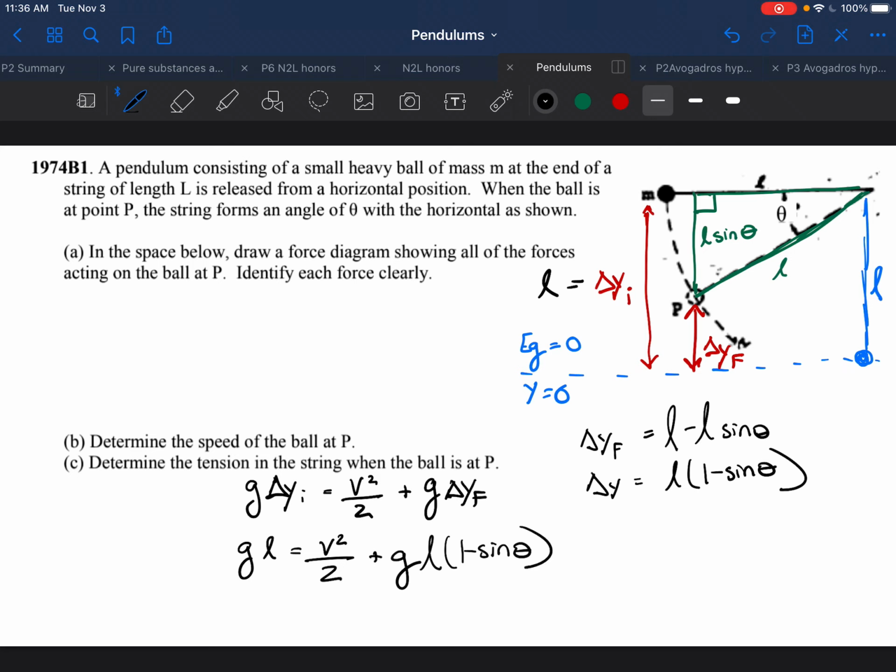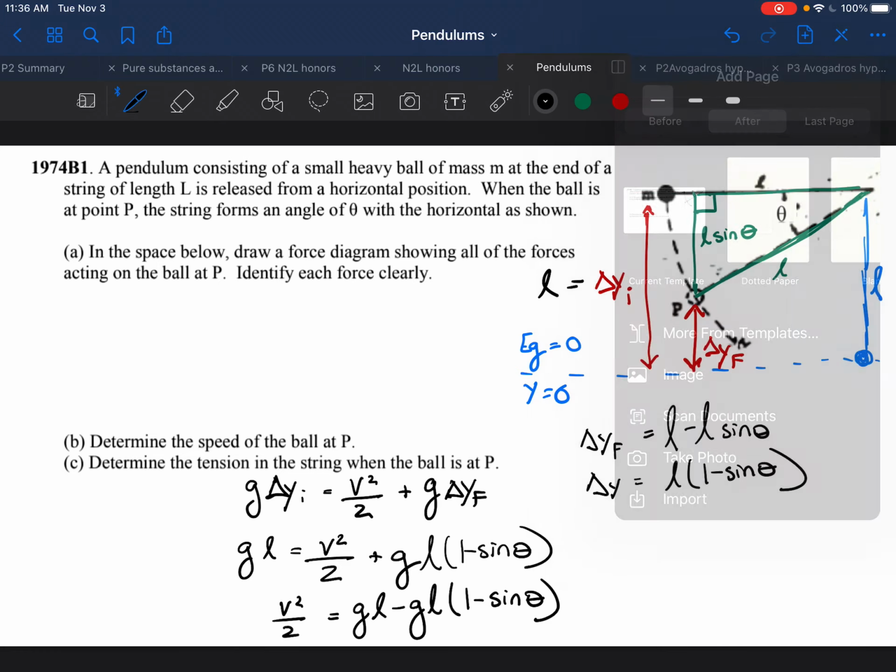If we subtract that over to the other side, we'd get that v squared over 2 is equal to gL minus gL(1 minus sine theta). We can even factor this, so I'm going to add another page here.